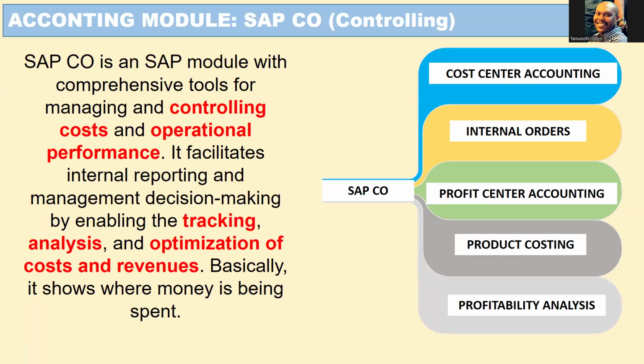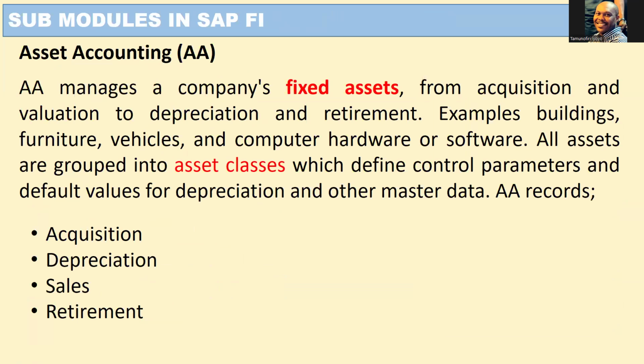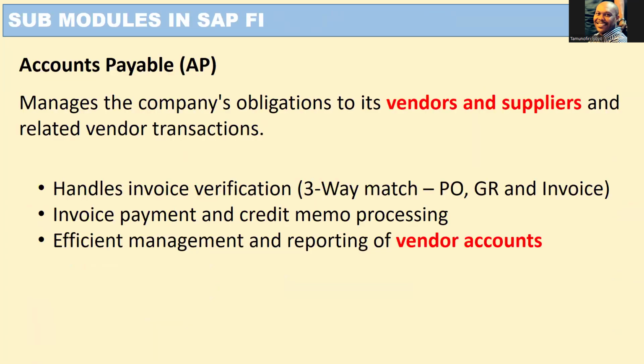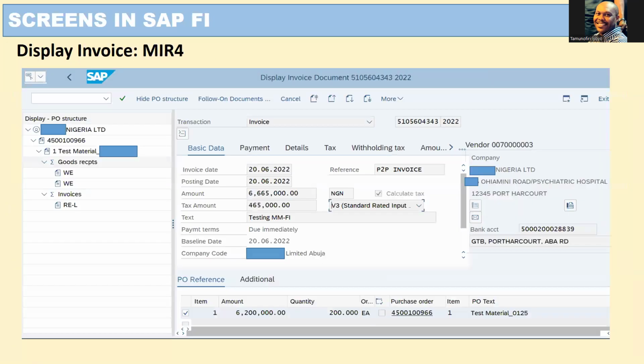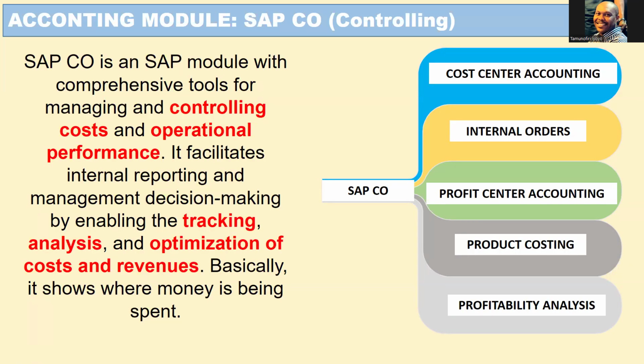So we talked about four main things in the SAP FI model, which ranges from asset accounting to bank accounting to accounts payable and accounts receivable. So these are the main four components of SAP FI.